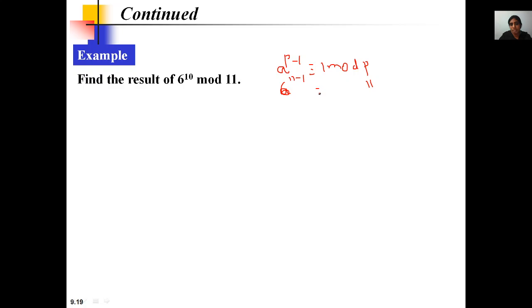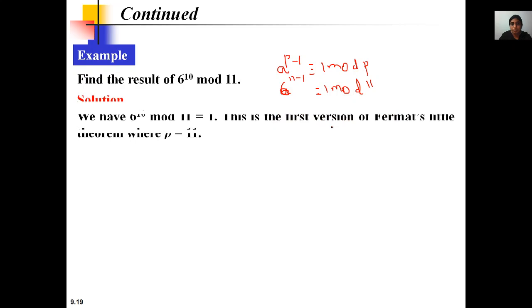So obviously the value will be equal to 1. This is the first version of Fermat's little theorem where p is equal to 11.